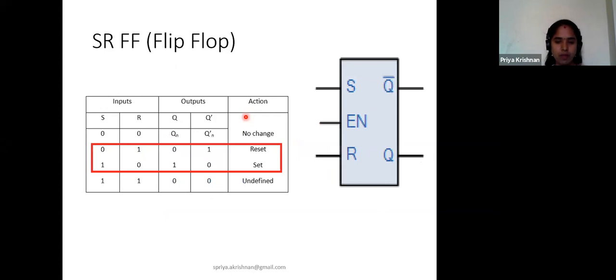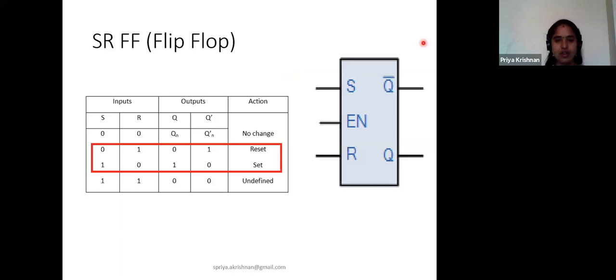So this is the SR flip-flop. S is for set. Any idea what an SR flip-flop is?